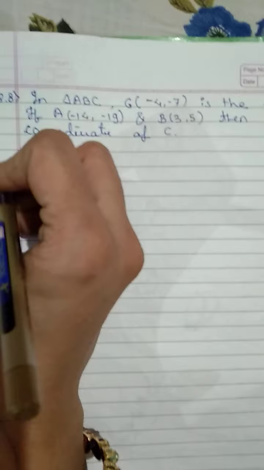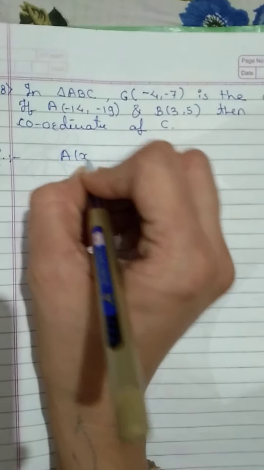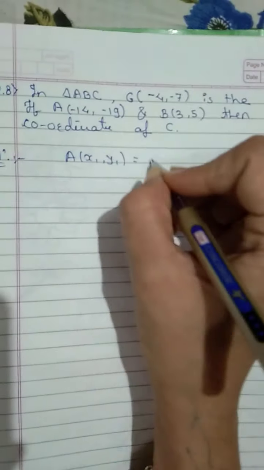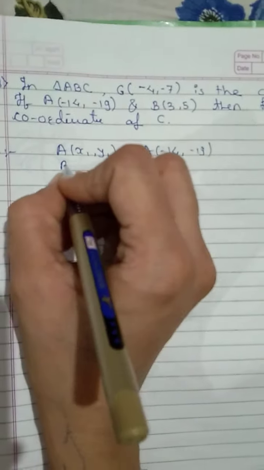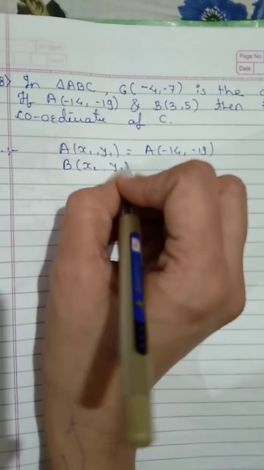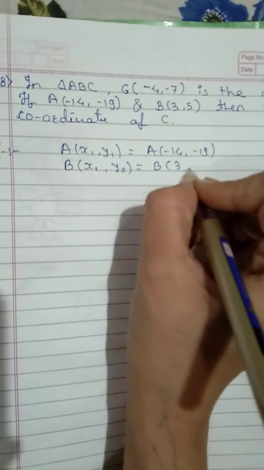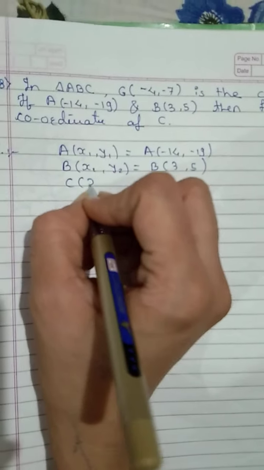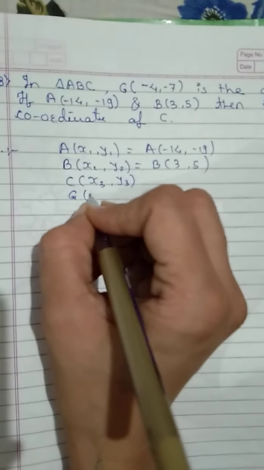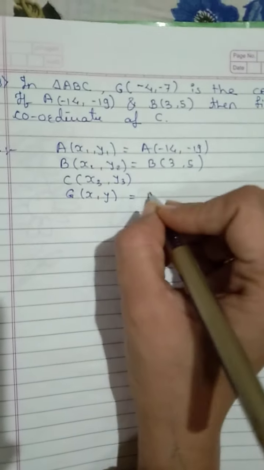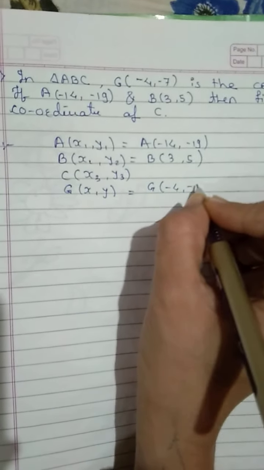So let's do this. Firstly, let's write down the values of x1, y1, x2, y2. This is A (x1, y1), then this is B (x2, y2), which is nothing but B(3, 5). This is C (x3, y3), which we have to find out, and G (x, y), which is G(-4, -7).